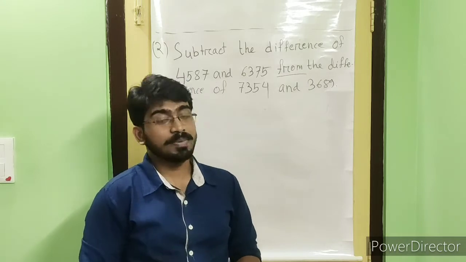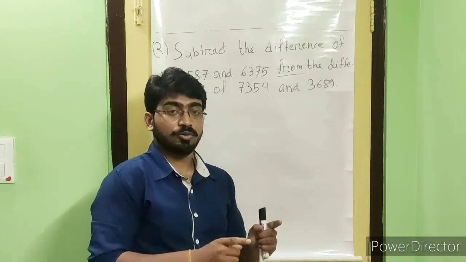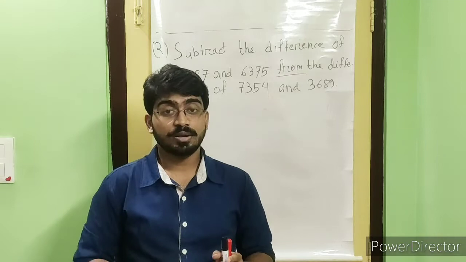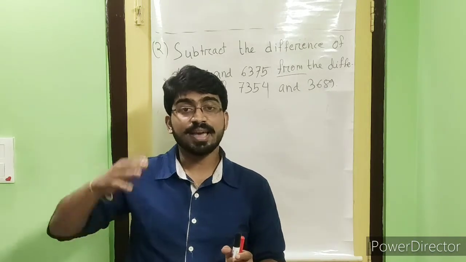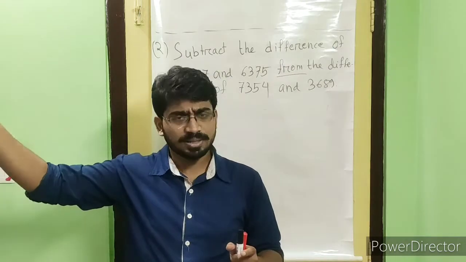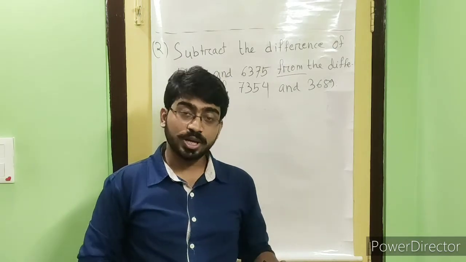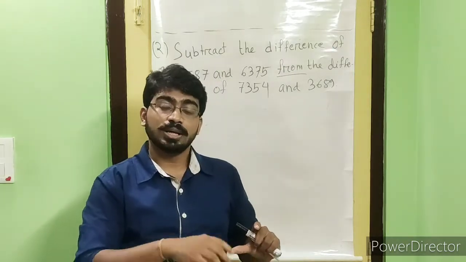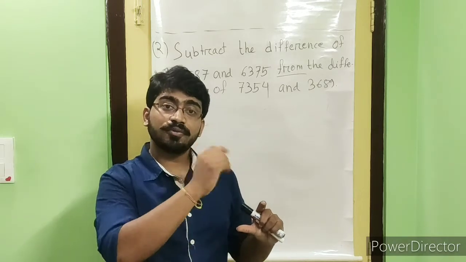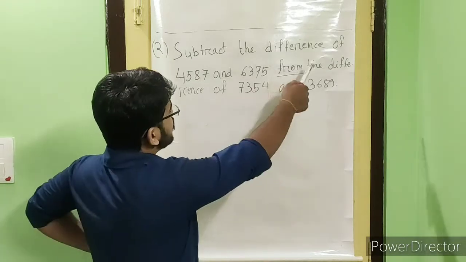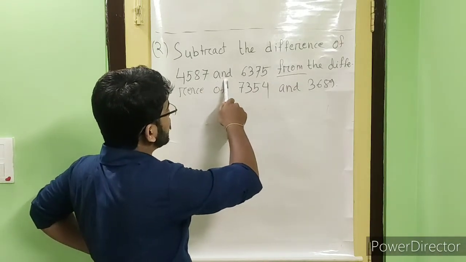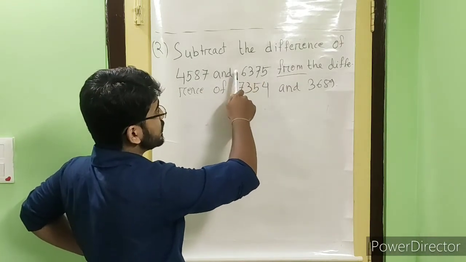Subtract 3471 from 5237, that means subtract the smaller number from the greater number. Always I am telling.